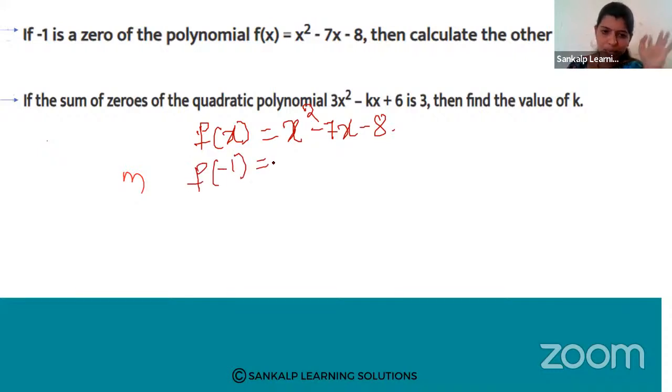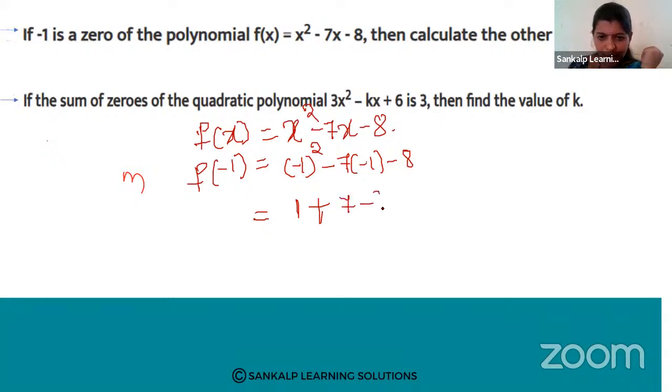That is, one zero is minus 1. Substitute minus 1 in place of x. So minus 1 square, that means it is 1. Minus 1 into minus 1 is 1. Minus 7 into minus 1, plus 7. Minus 8. 1 plus 7, it is 8. 8 minus 8, it is 0. Finally, what will you get? 0. Okay.